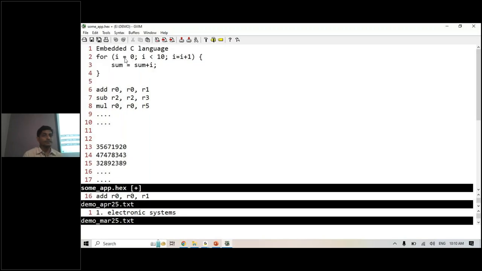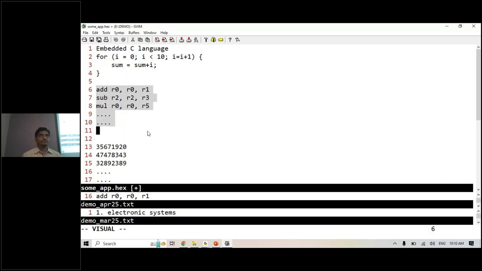I'm running a loop from 0 to 10, adding all the numbers and storing it into sum. When you convert this code into assembly code, it will come out something like this.